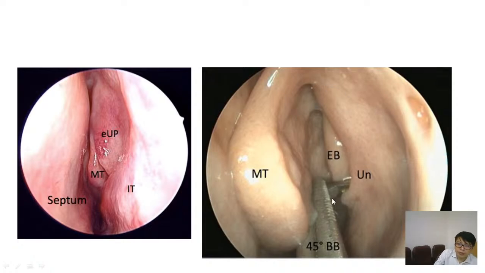After the uncinate process removal, we locate the maxillary sinus in this inferior part. That also can be widened so that the infection or mucus can be drained easily from the maxillary sinus. Then the ethmoid sinus: there is no clear-cut opening of the ethmoid sinus.